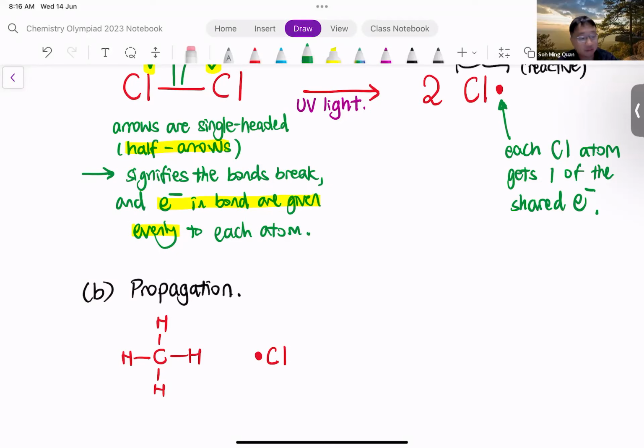What happens? Okay, so what happens is this. First, one of the CH bonds will break. Okay, let me draw the arrows neatly. But when the CH bond breaks, it doesn't form H radical. The H radical is immediately captured by a Cl. So we usually draw the arrow to go in between the H and the Cl.